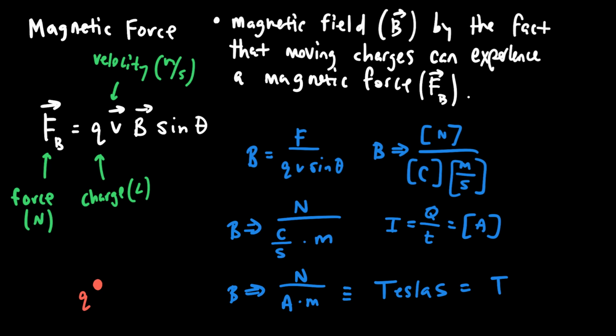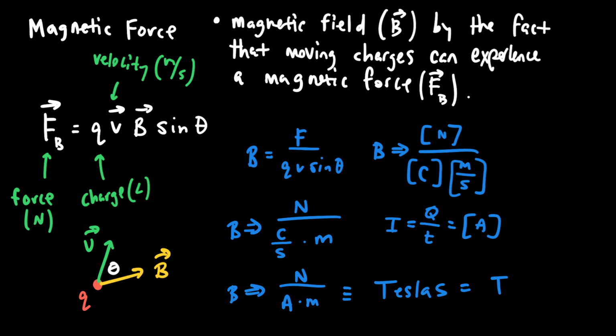Maybe the magnetic field direction points this way, and maybe the velocity of that particle is oriented in this direction, and there's an angle between those two vectors. The force that that particle will feel depends on what the velocity is, the magnitude of that magnetic field, the angle between those two vectors, and also the charge itself. If I know all of those things, then I can determine the force and therefore the acceleration and therefore the kinematics, the motion of that charged particle as it moves through a magnetic field.